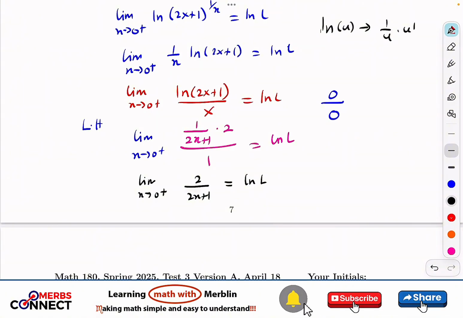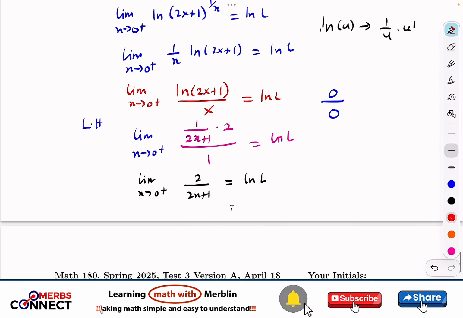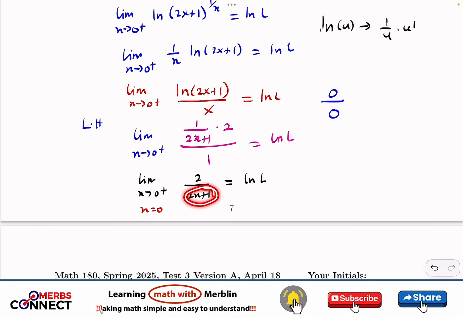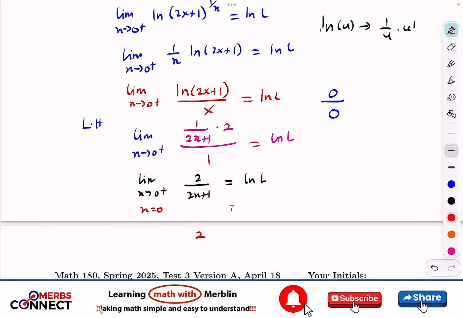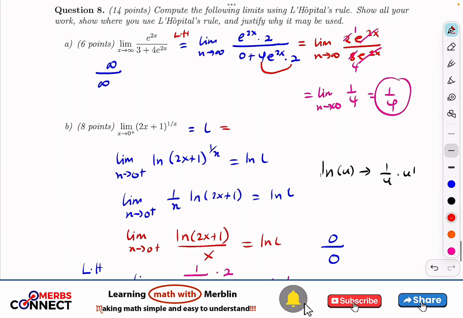So now we can test by plugging in 0 to see what we are going to get here. So set x equal to 0 and plug it in. We are going to have 2 divided by 1, which is equal to the natural log of L. And this implies that 2 is equal to the natural log of L, and then e to the power 2 should be equal to L. So this is what we are going to get for our function here, which is e to the power 2.